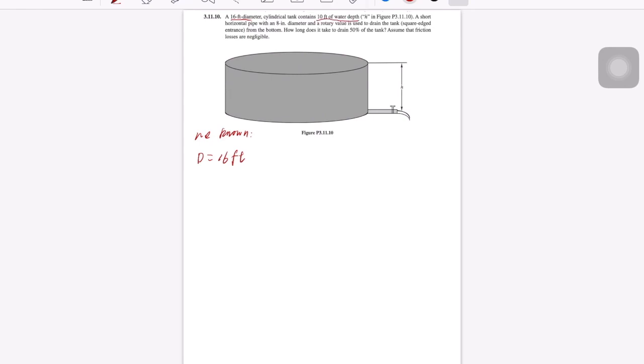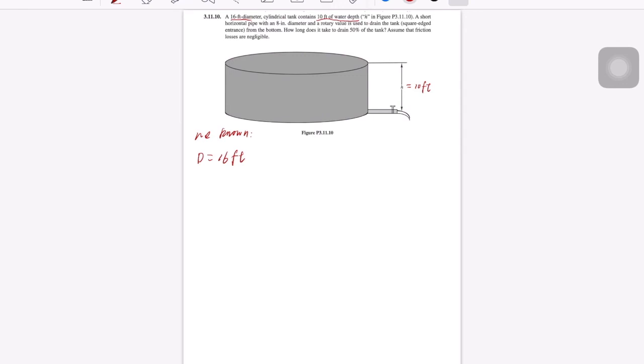So this H equals 10 feet at the initial stage, because we need to drain the tank, so the water depth will change. And a short horizontal pipe with an 8-inch diameter and a rotary valve is used to drain the tank from the bottom.